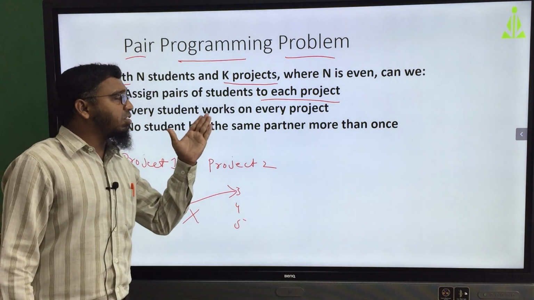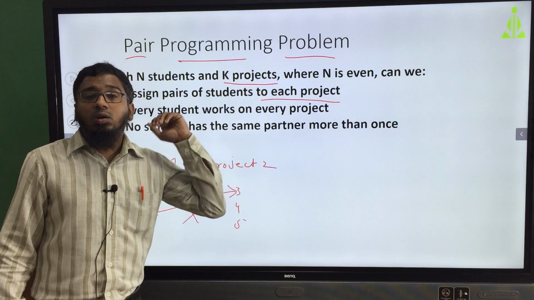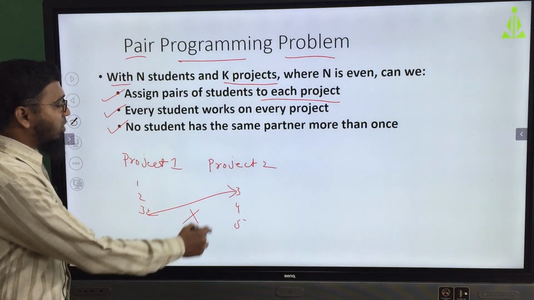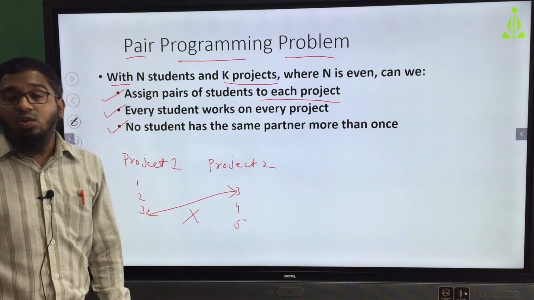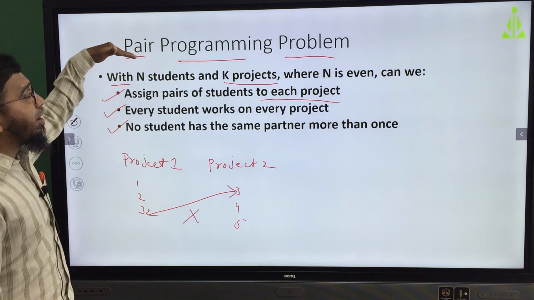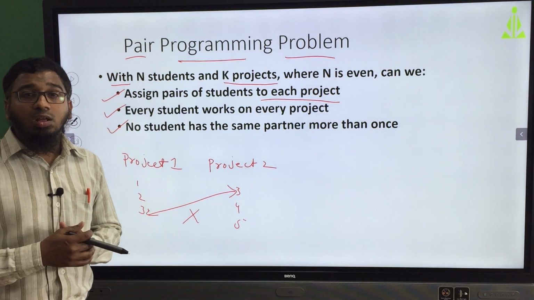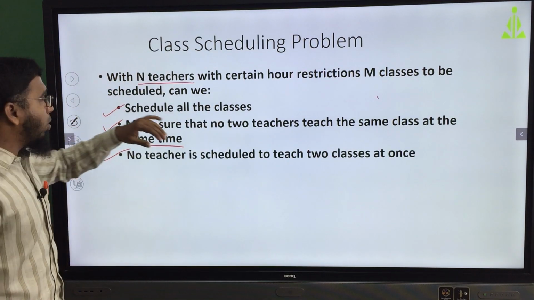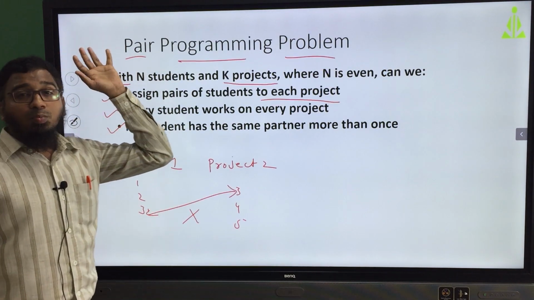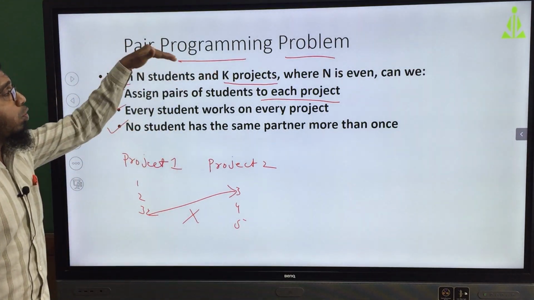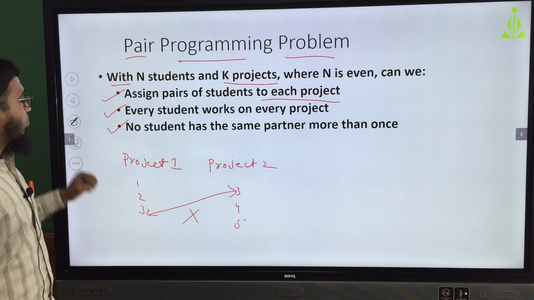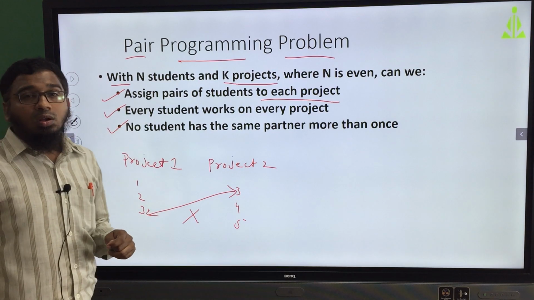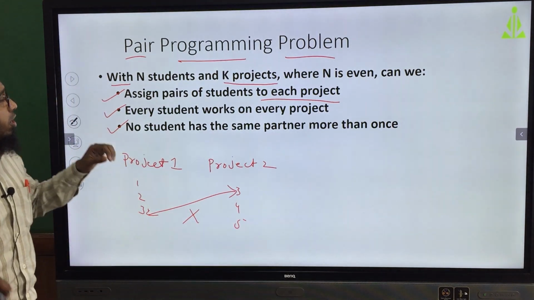No student has the same partner more than once. This should not happen whenever you are selecting the project. So this is the pairing problem. Previously it was the class scheduling problem, and this is the pair programming problem. This is about what we have discussed here.